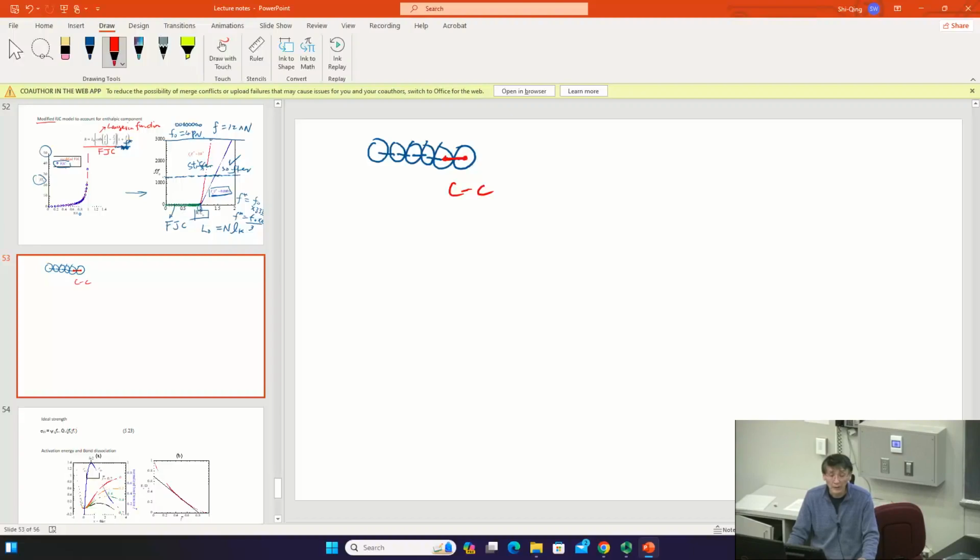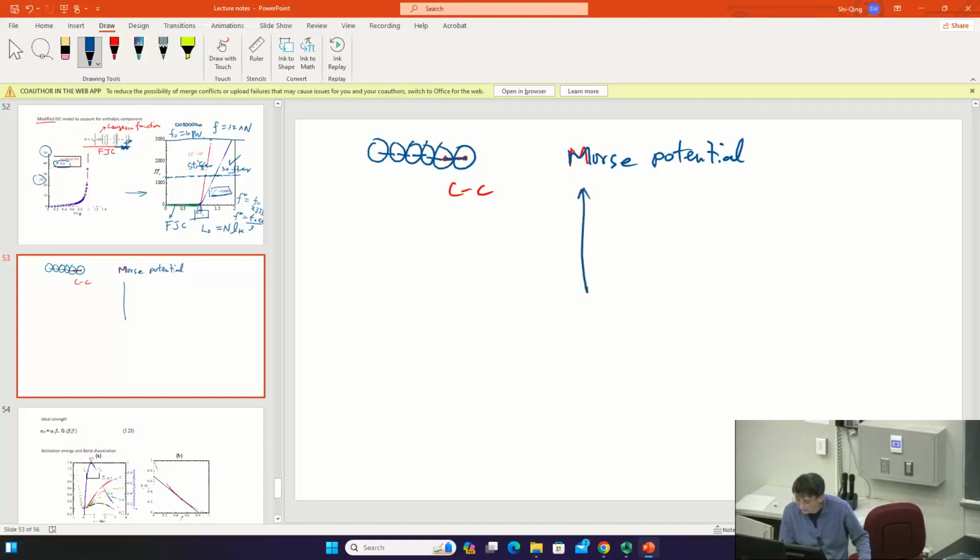And you can ask about how strong is that bond. And it turns out conveniently you can use a Morse potential to describe it. Any potential will do to capture this feature of what you find this bond to be in.